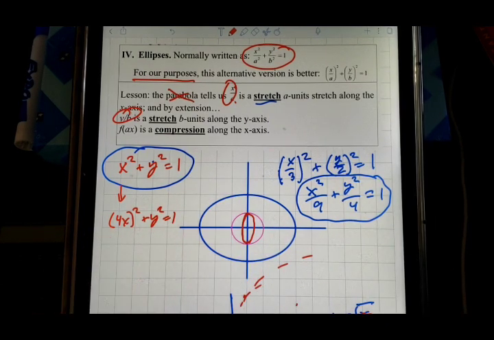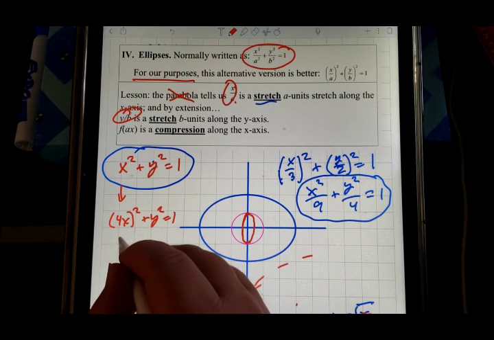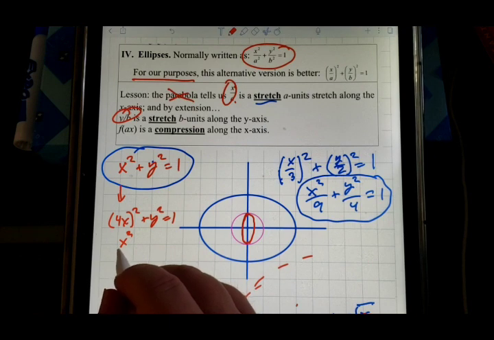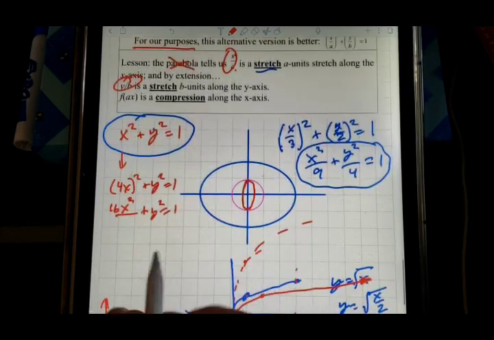Now, how would you do this in slow motion? Well, in slow motion, the book would tell you to think of this as 16x squared plus y squared equals 1.